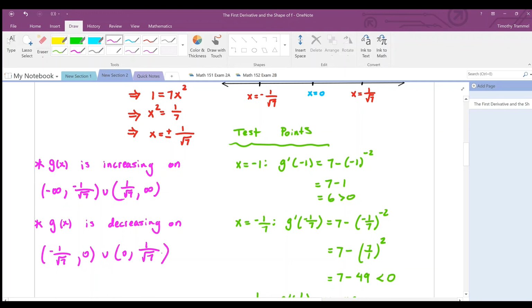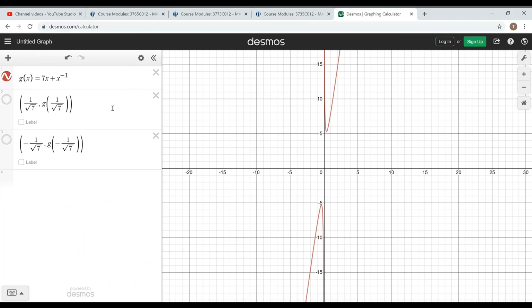And what I'd like us to do now is check to see if the graph and our work correspond. So in other words, let's graph this and we'll see if it's actually increasing and decreasing on these corresponding intervals. Now that we're on Desmos here, we have our curve g of x plotted, the 7x plus x to the -1.